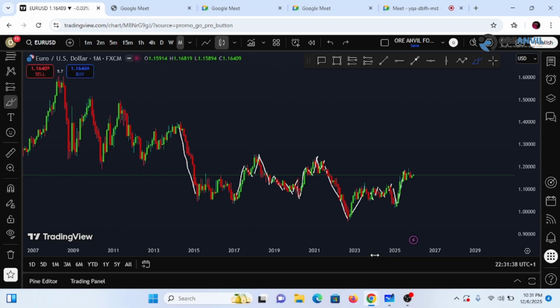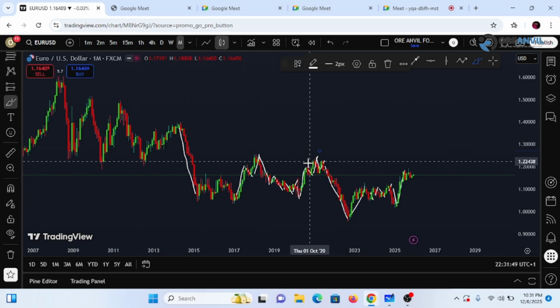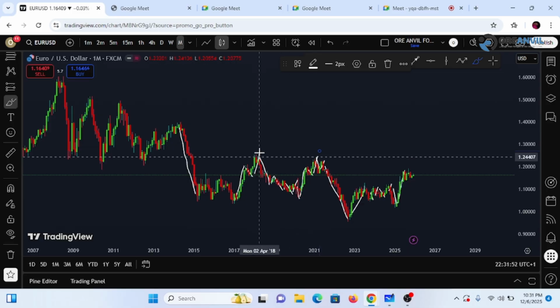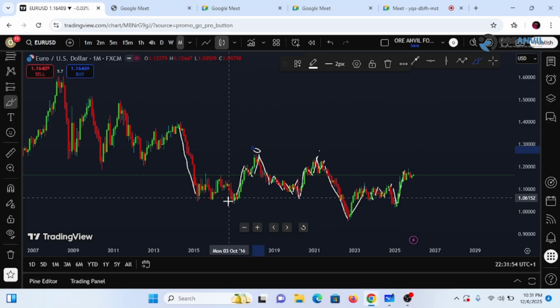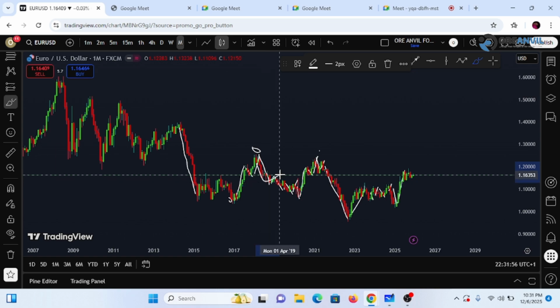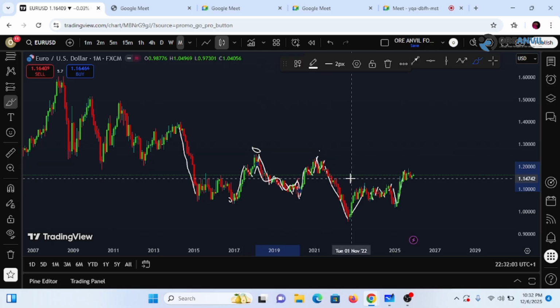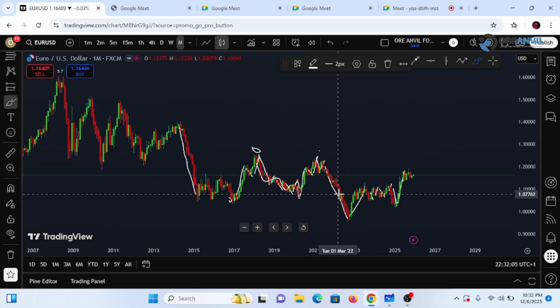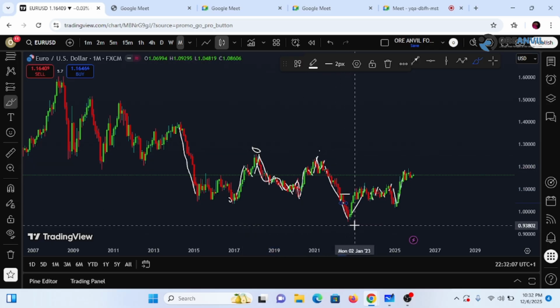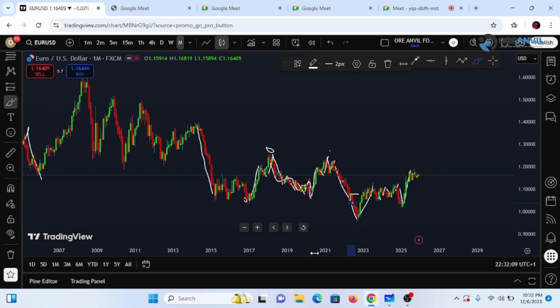Okay, so we have this move to this high, from this high to this low. Everything here is a substructure. So the best place you can see your trade is from this area, these substructures. That is the best place you can see your trade.